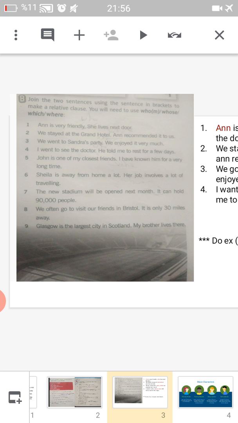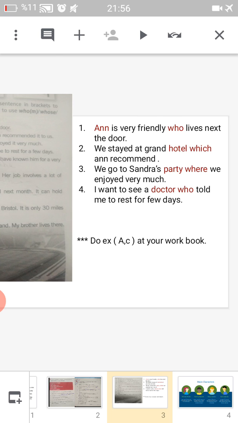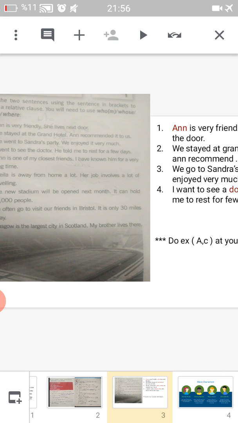She lives next door. Now, she refers to whom? To Anne. Anne is a person. So what will we do? We will cross out she, replace she by who, and drop the full stop. The sentence will become: Anne is very friendly who lives next door.